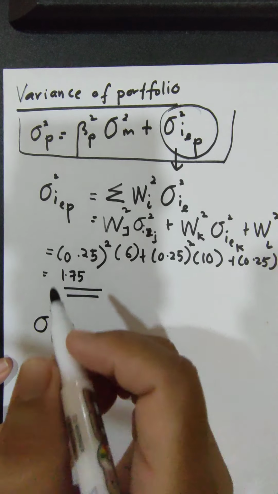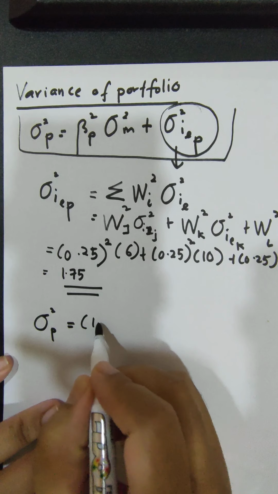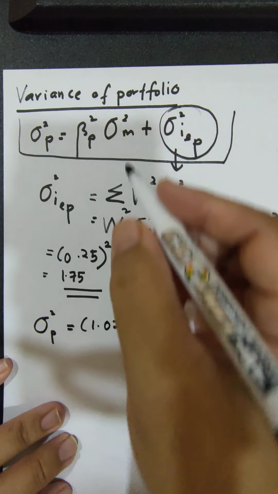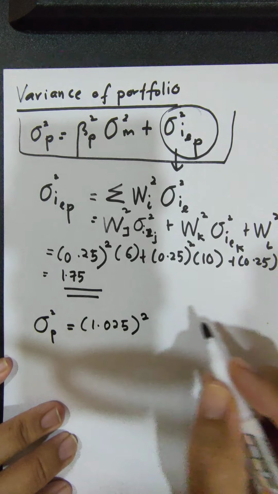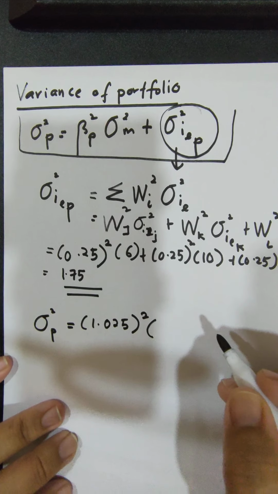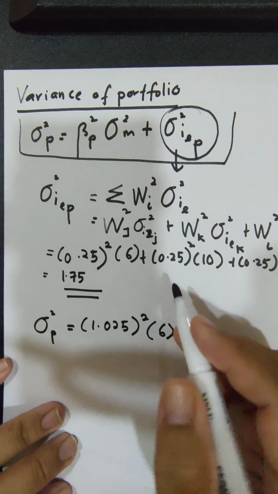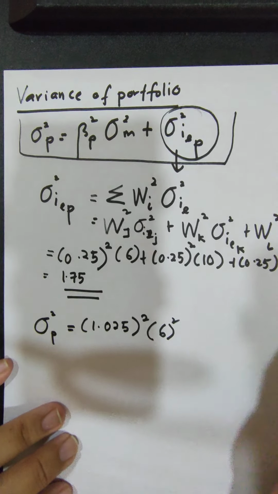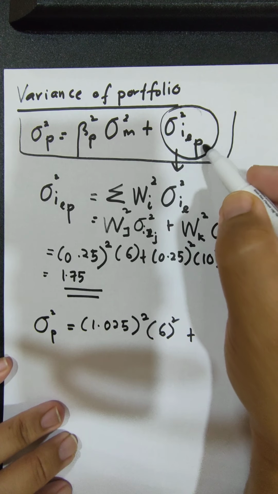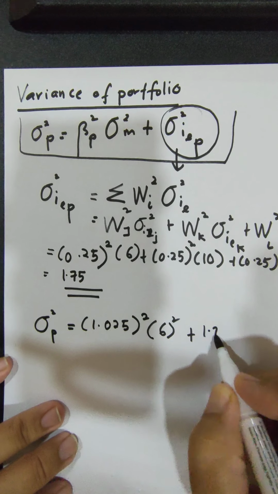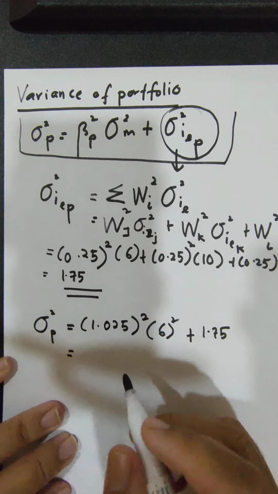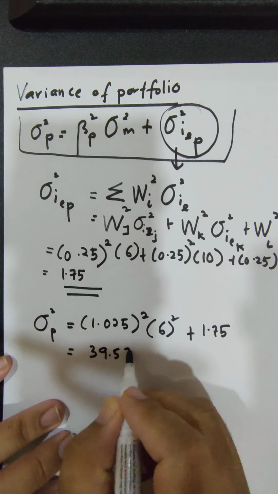The beta we already got from our earlier calculation, which is 1.025, power of 2, then our variance on market, already given in the question, 6, but this is variance, so you need to add the power of 2 there, plus the residual variance of portfolio, 1.75. So altogether you will get an answer of 39.57.